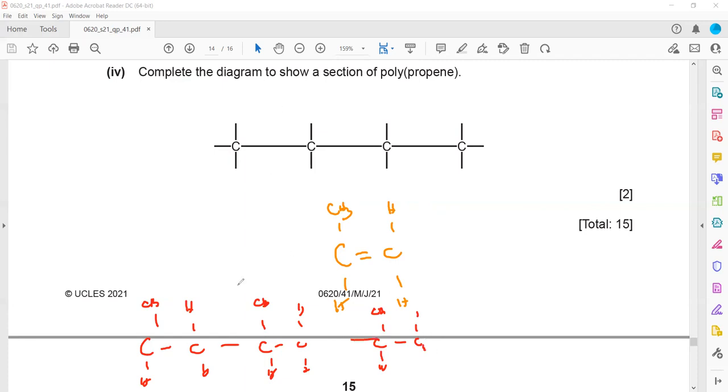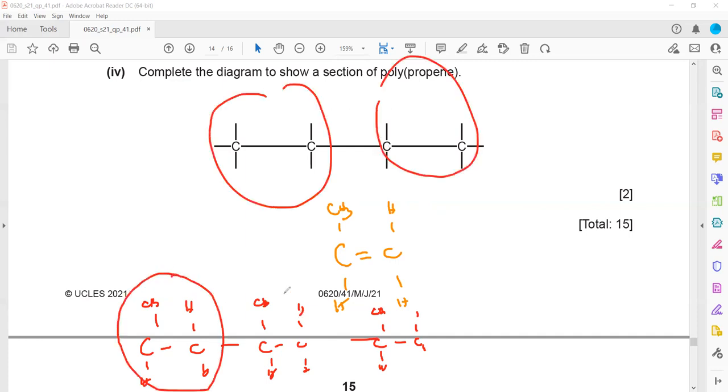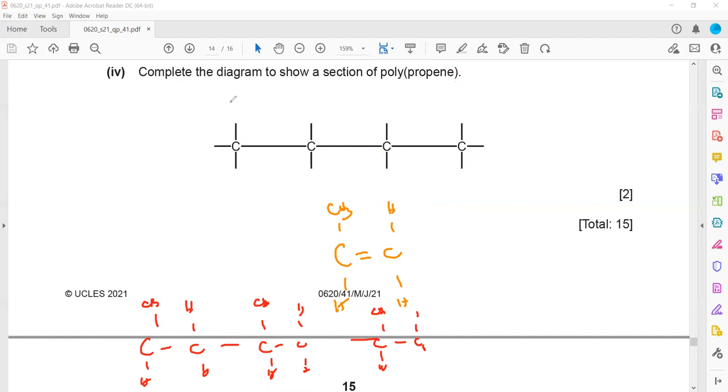So we just have to complete the structure like this part here, and this is the second part. So it will be CH3, H, H, and H. Then there will be again repetition, CH3, H, H, and H. So this is how we form an addition polymer by combining the two monomers.